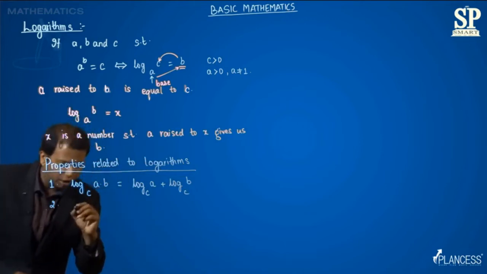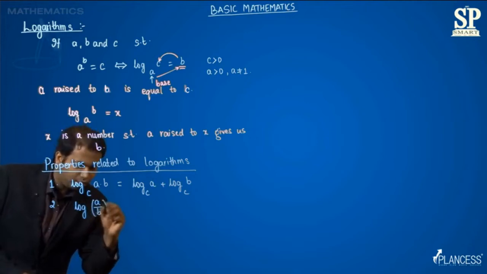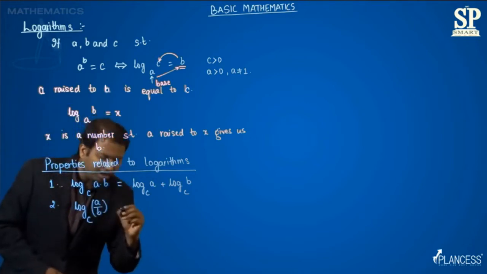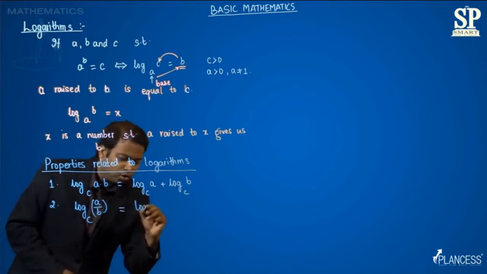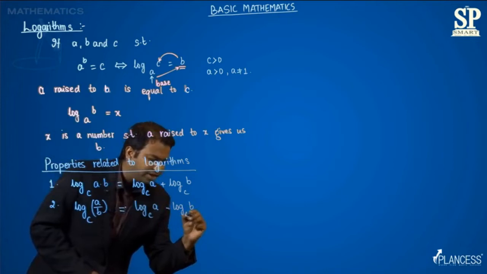The second one is log of A by B to the base C is equal to log A base C minus log B base C.